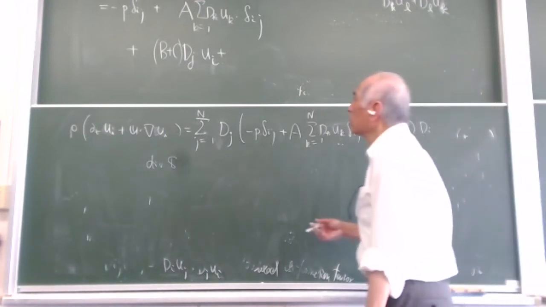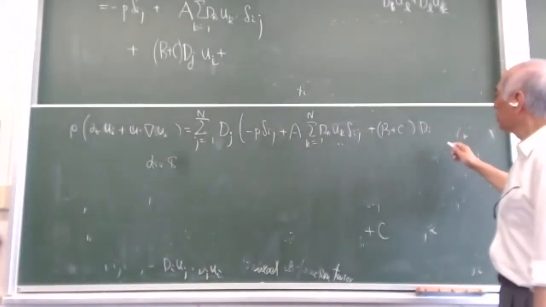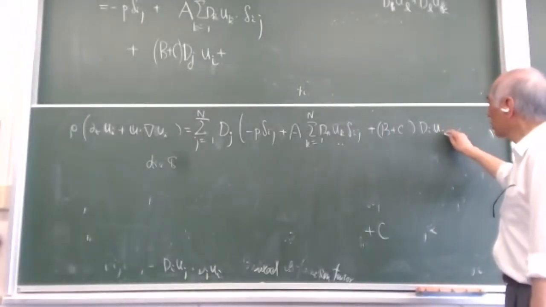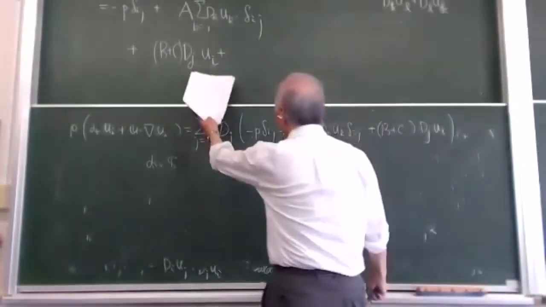Maybe j is symmetric, so this is much better. Oh yes, maybe this is correct.